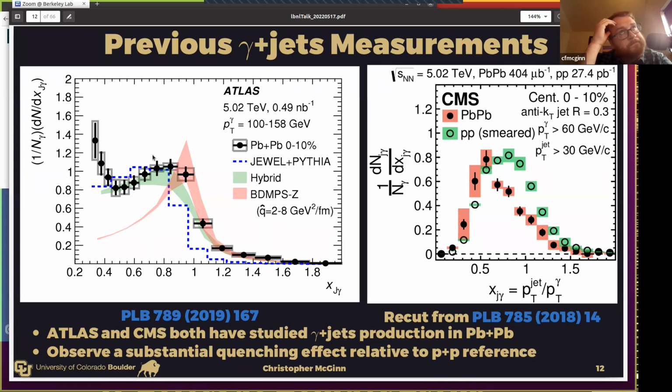Yeah, so I'm not going to get to it later, so I'll just address it now. Your question is about fragmentation photons that pass the isolation criteria we use to try and suppress them. I think the answer from the experimental perspective is we just have a functional definition for this, and we try to handle it with purity corrections and things of that nature.